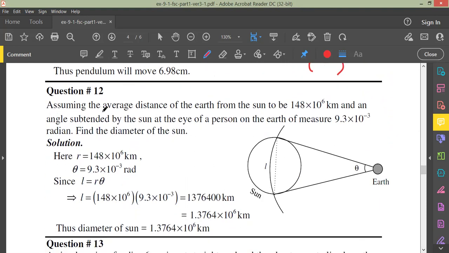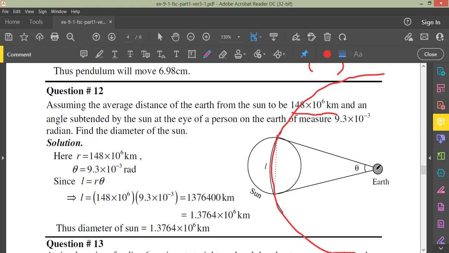Okay. Assuming the average distance of the Earth from the Sun to be 148 multiplied by 10 raised to the power 6 kilometers. This is the Sun and this is the Earth. So this will be our circular track.